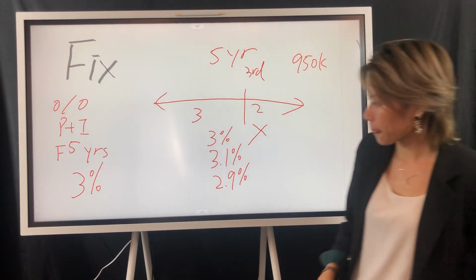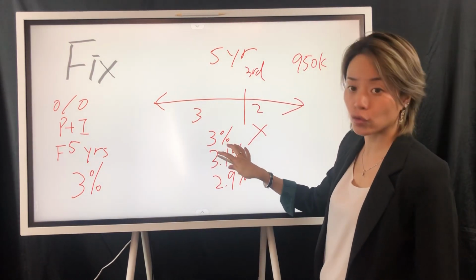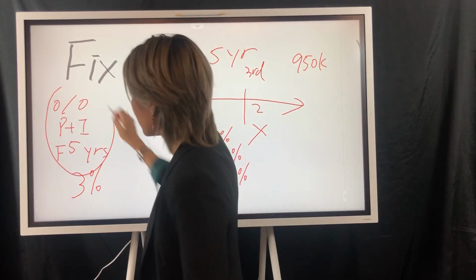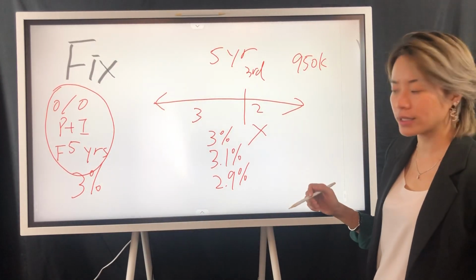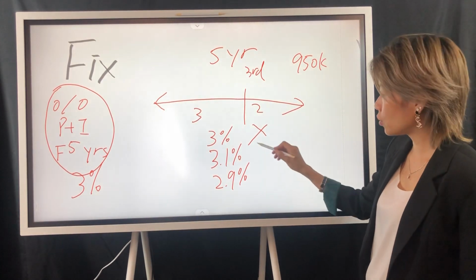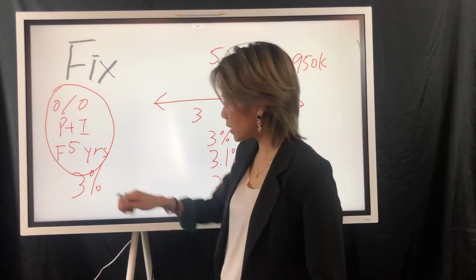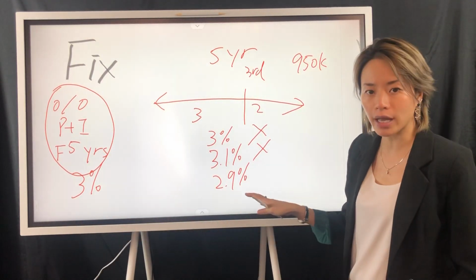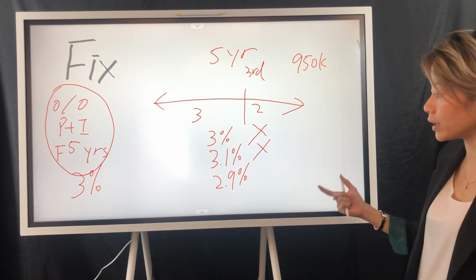The second one, the lender takes your 3%, they lend it to someone else at 3.1%. Same product. Remember, it has to be completely the same product. That means they're making an extra 0.1%. They make extra money, you have no penalty. So the last one, now you understand. If it's 3% and when you break it, it's 2.9%, that means the bank is making less money because you break it.